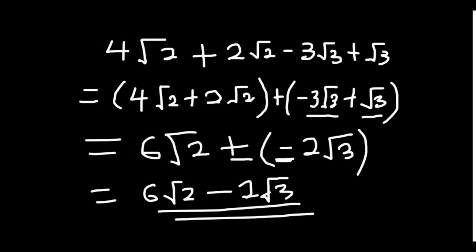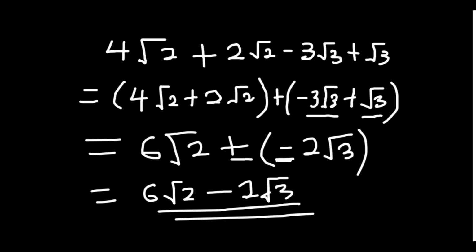So let's recap what we have done so far. As we can see from this simplification, we group the like terms together, then we simplify each by adding or subtracting their coefficients. Then finally we combine the simplified groups together to get the final answer.